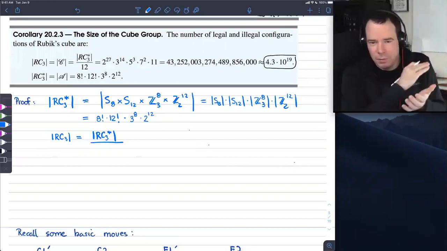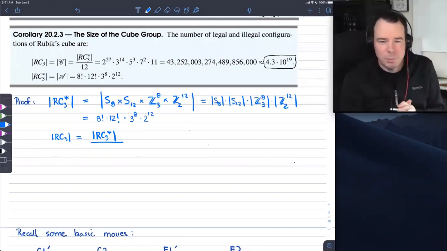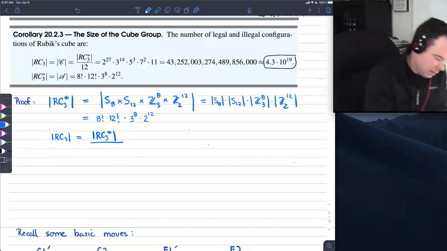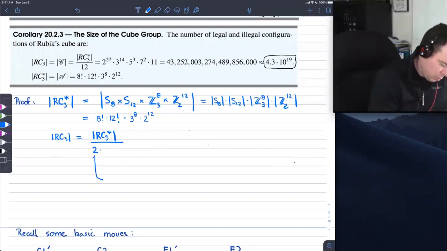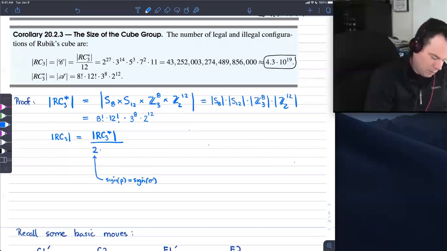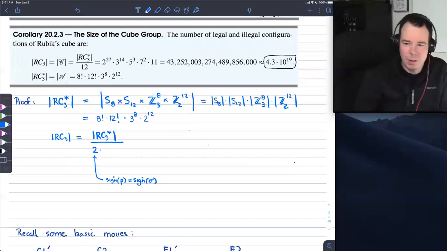So I've cut in half my possible choices for the edge permutations. And so exactly half of the total possible permutations are possible to make it solvable. And this is because the sign of rho has to be equal to the sign of sigma. So I just cut in half the possible permutations I can use.